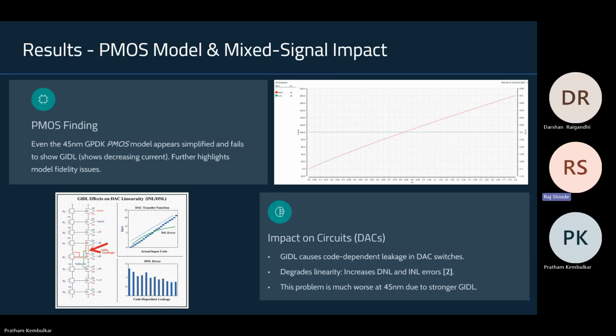From a circuit perspective, GIDL has a direct impact on mixed signal systems such as digital to analog converters. In DAC switches, GIDL causes port-dependent leakage, which degrades accuracy by increasing differential nonlinearity and integral nonlinearity. Therefore, understanding and mitigating GIDL is essential not just for transistors, but for maintaining the linearity and precision of entire circuits.